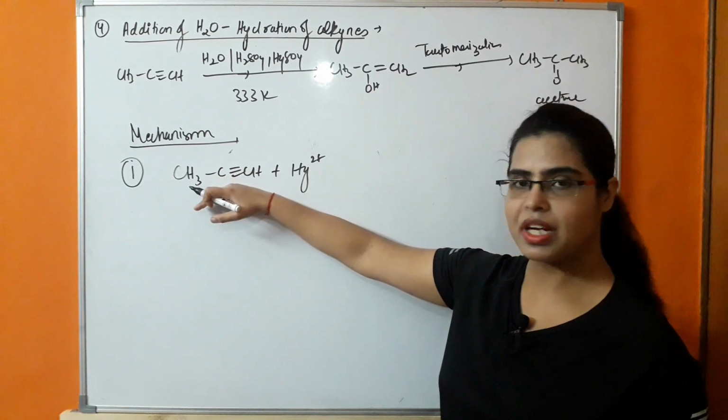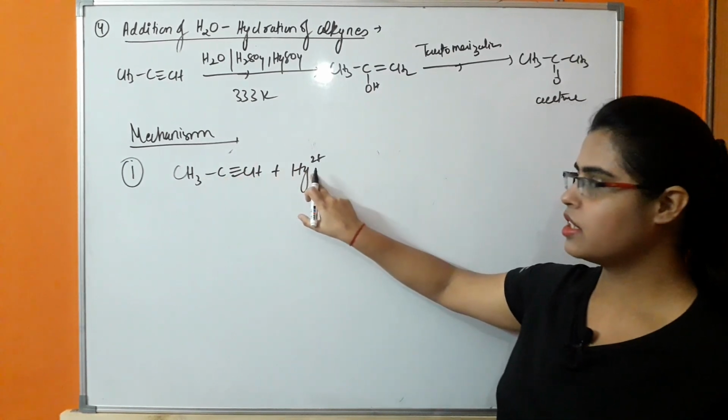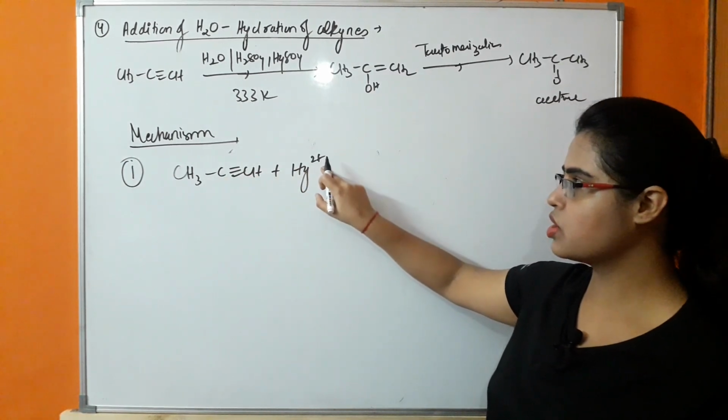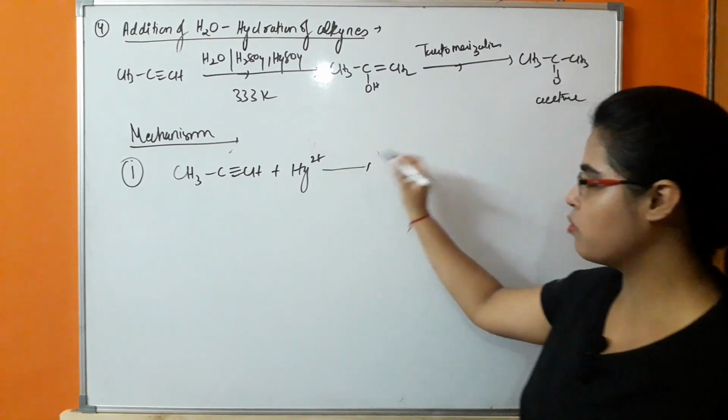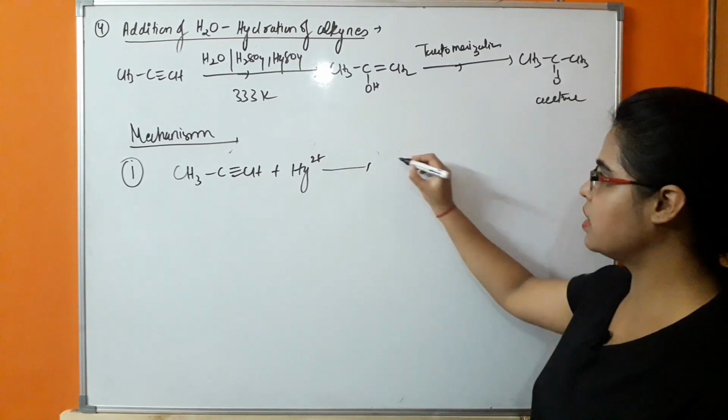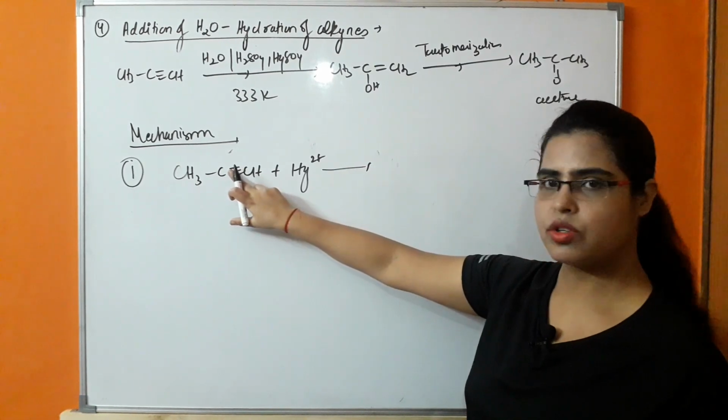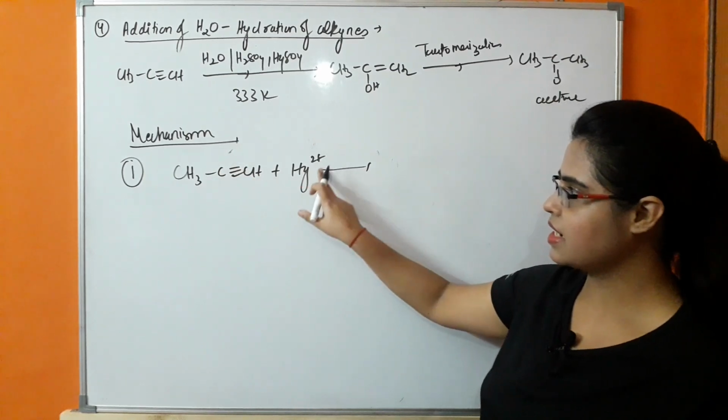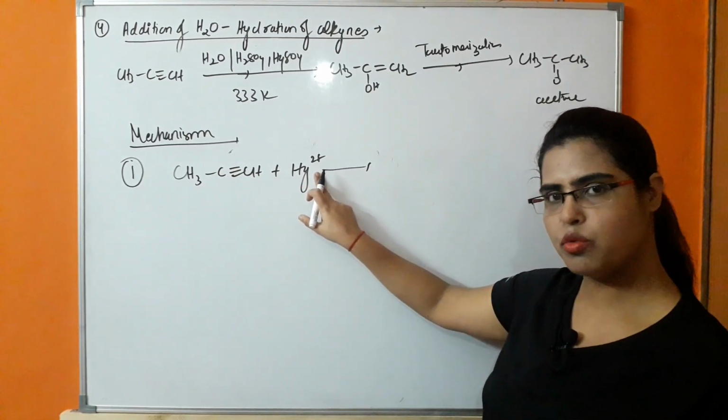First of all, this terminal alkyne will react with the catalyst, that is Hg2+. So there will be formation of a reactive intermediate. The pi electron of this alkyne is attacked by this Hg2+.